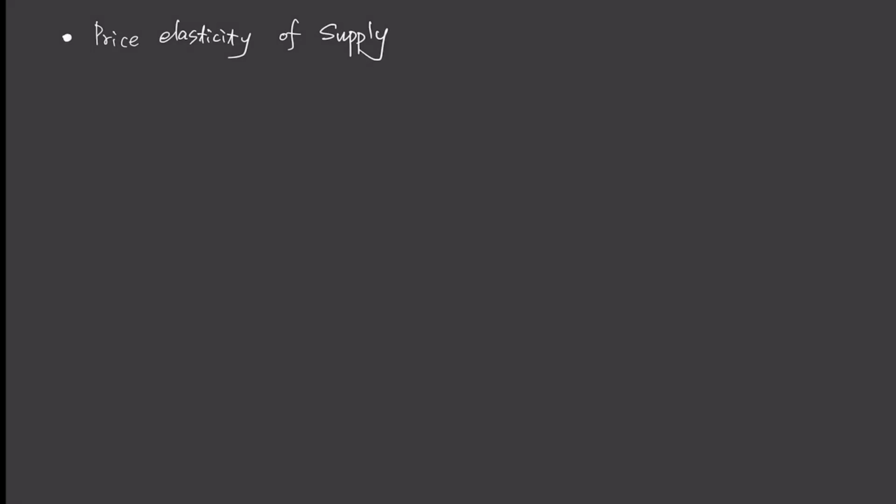Now I'm going to talk about price elasticity of supply. We've been looking at the price elasticity of demand for a while, so this is not a very difficult one.